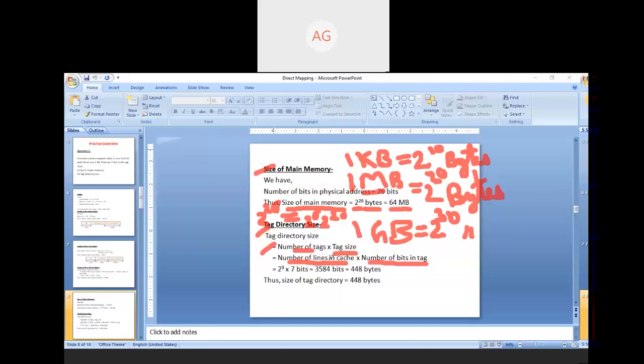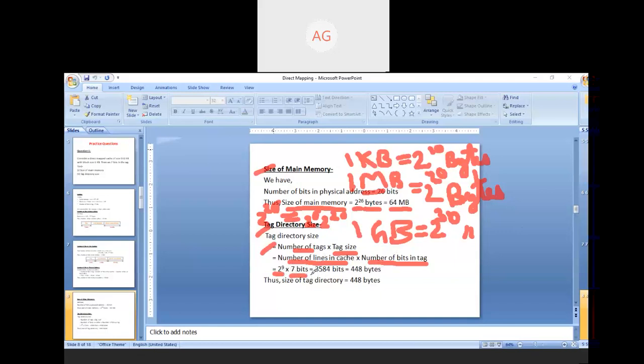The number of lines is 2 to the power 9, because we know that 9 bits are required for the cache line, and the bits in the tag is 7 bits.